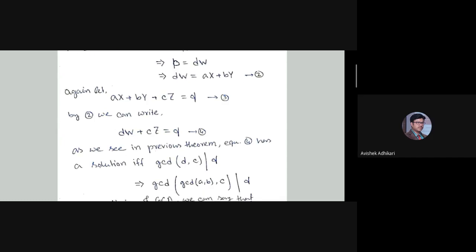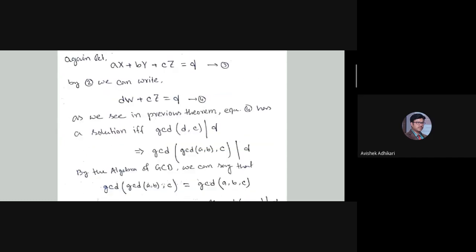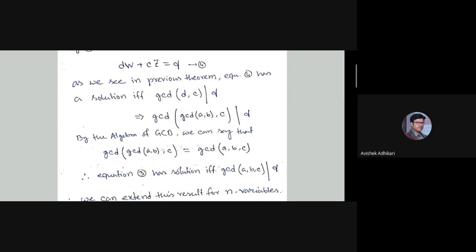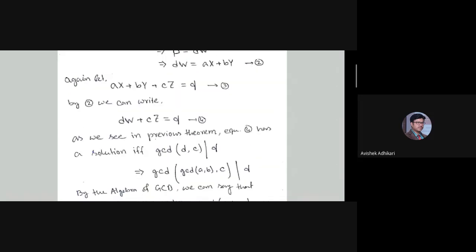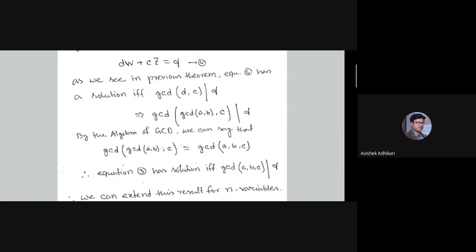Here you can see that d is nothing but the GCD of a and b. By the algebra of GCD, we can write GCD(a, b, c) equals GCD(GCD(a, b), c). So finally, equation number 3 has a solution if and only if the GCD of a, b, c divides q.